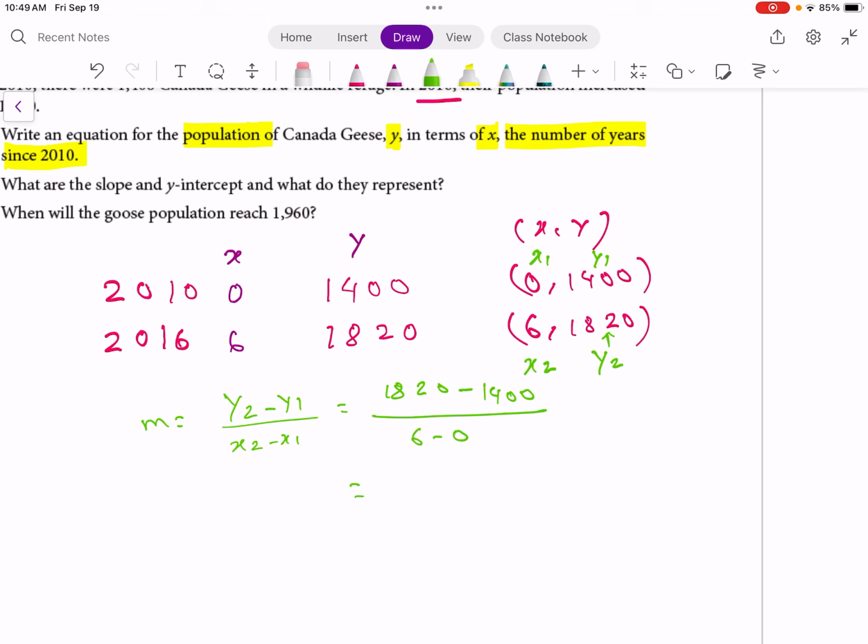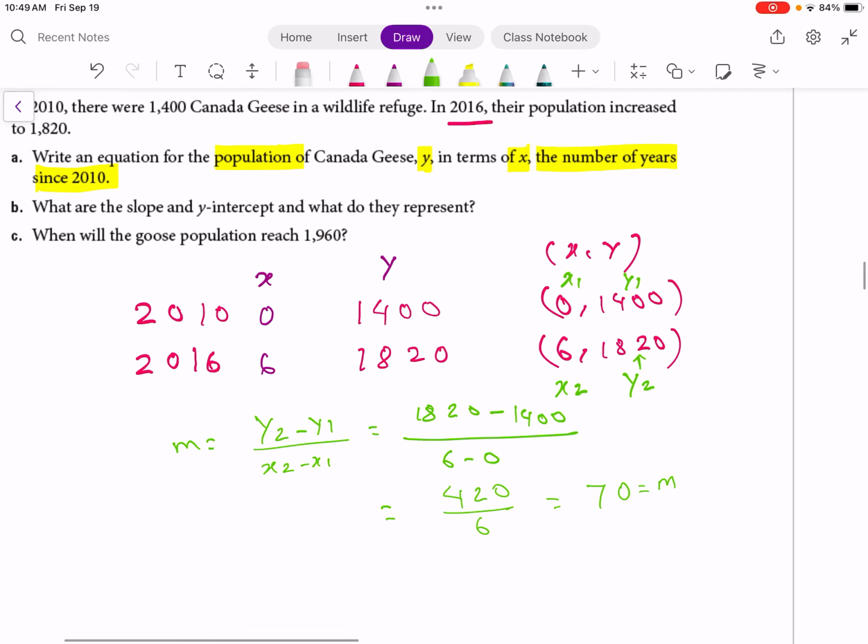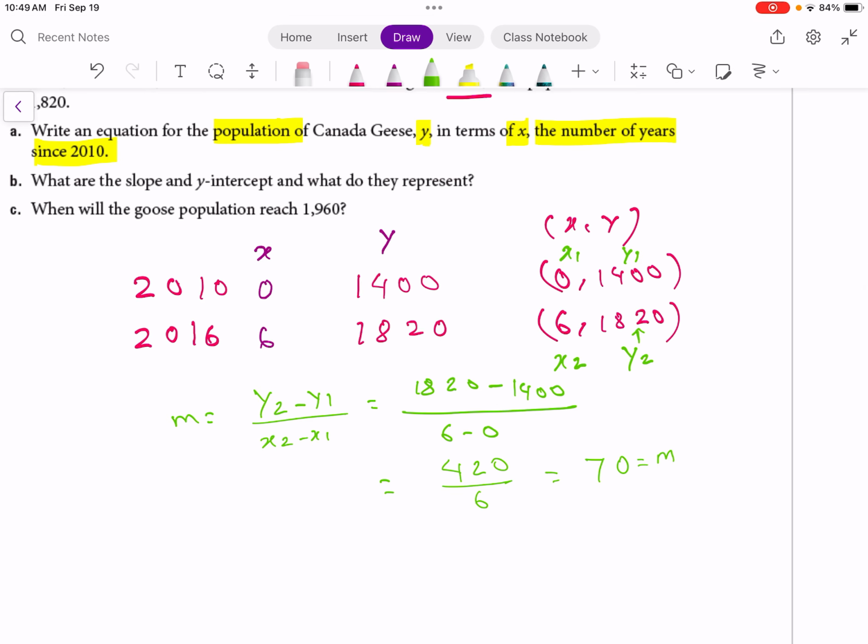So 1820 minus 1400 is 420, divided by 6, and that is 70. So our m, which is the slope, is 70. Okay. Any question up to here?